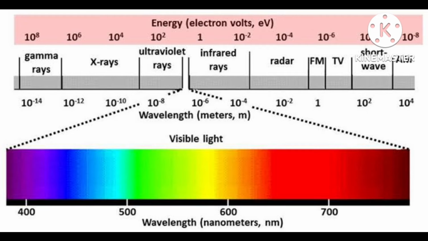This is called the speed of light, and in a simple way we say 3 into 10 to the power 8 meter per second. Always keep this value in mind, because it is used in solving numericals, and it is represented by a small c.